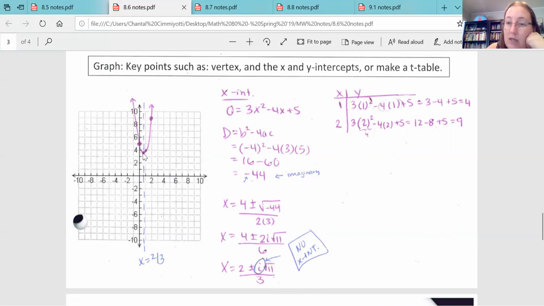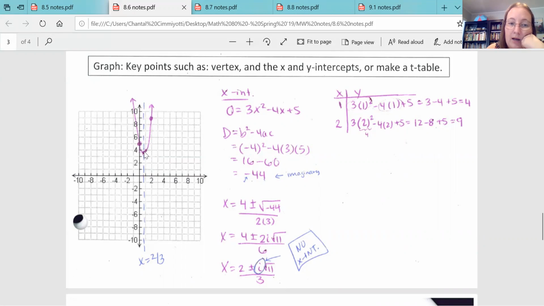I need some more points. If you're doing XYZ, as long as you have the vertex and one other point, you would be fine for graphing it. But by hand, and to have a better understanding of graphing quadratics, when you move on beyond this class, when you're actually taking a test on ground, it's good to recognize how to handle those situations and know how to find all the key components.